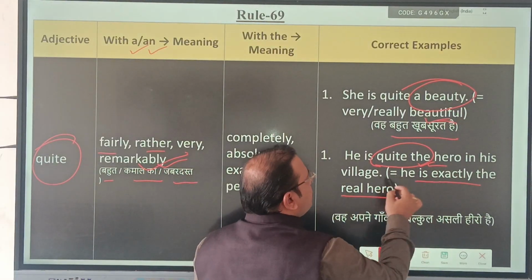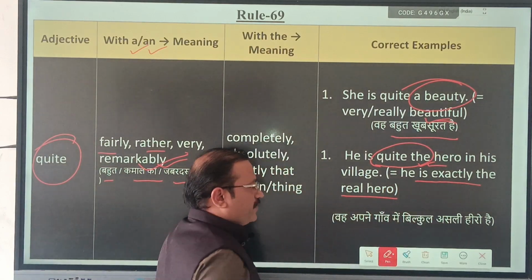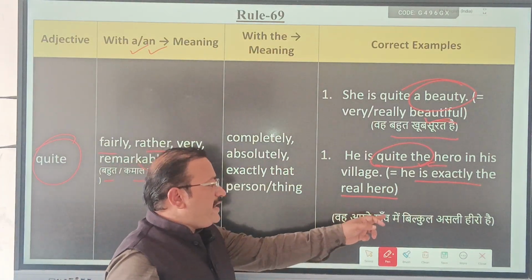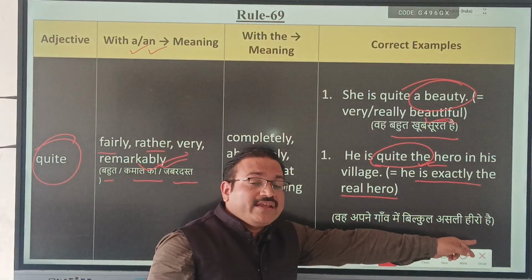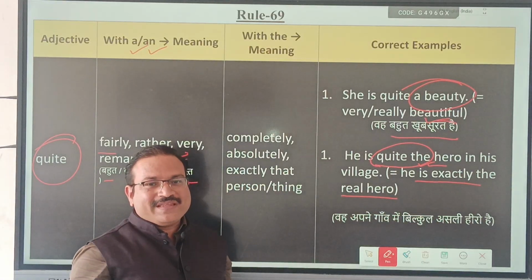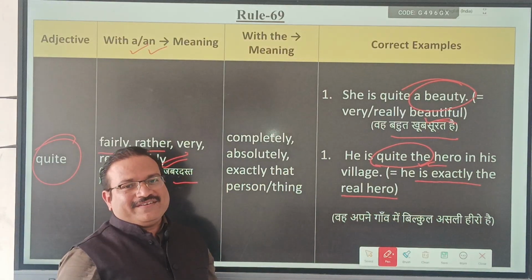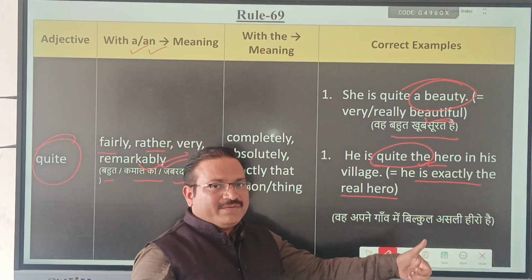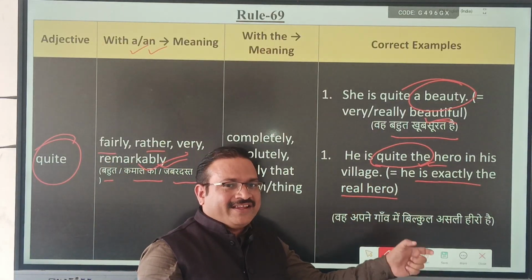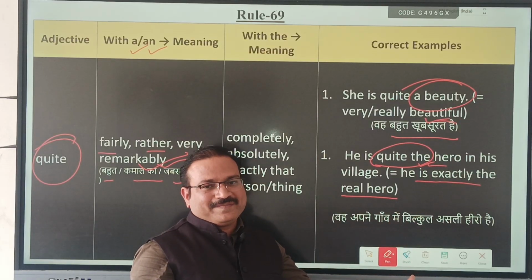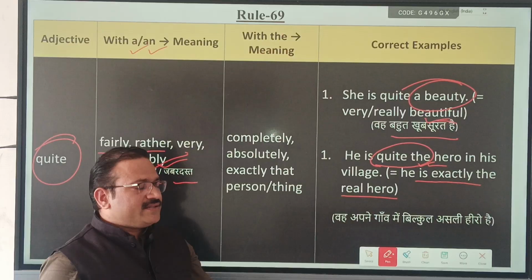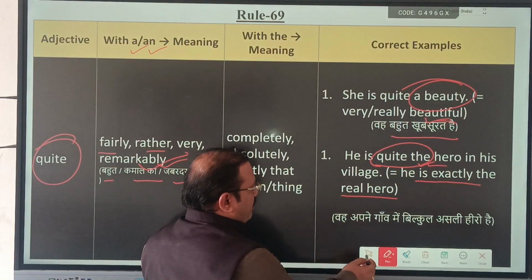He is quite the hero in his village means वह अपने गांव में बिल्कुल असली हीरो है. Specific. He is exactly the real hero. The means specific, exactly the real hero. So quite a and quite the, this difference you have to keep in mind.